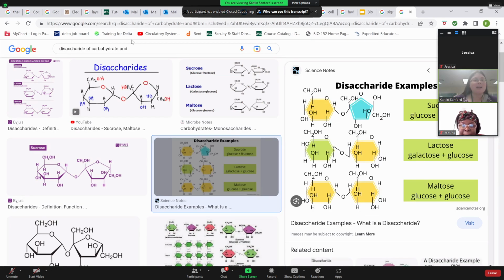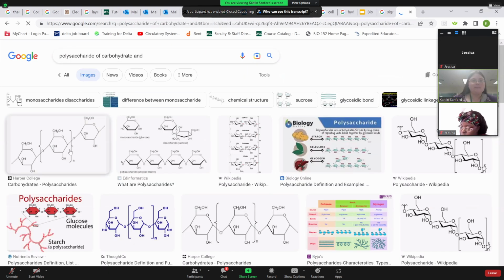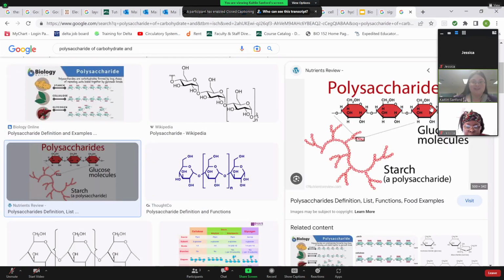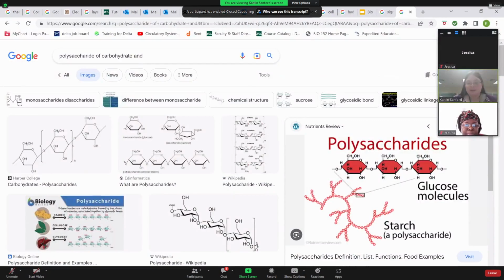Let's take a look at polysaccharides. Poly means many. So anything above two, you're going to call polysaccharide. Does that make a little bit more sense? That's why visuals are great.